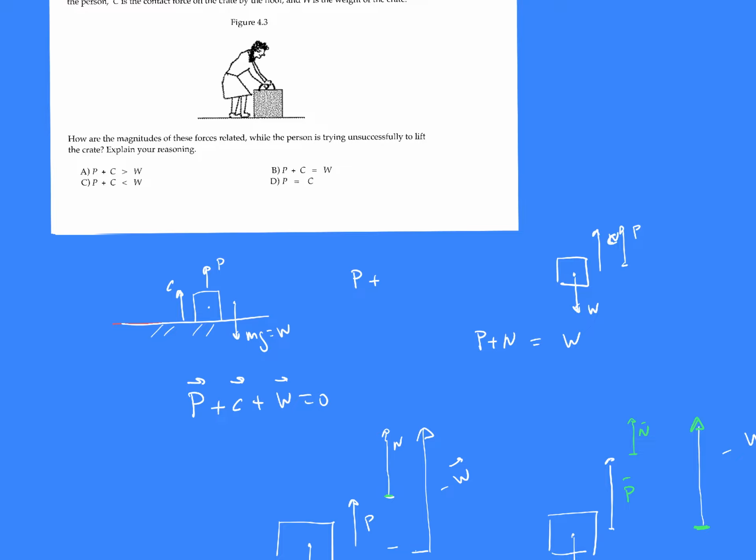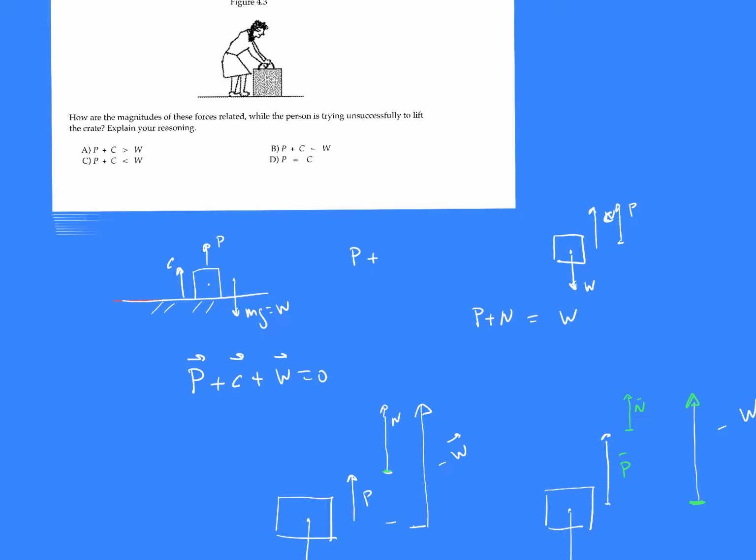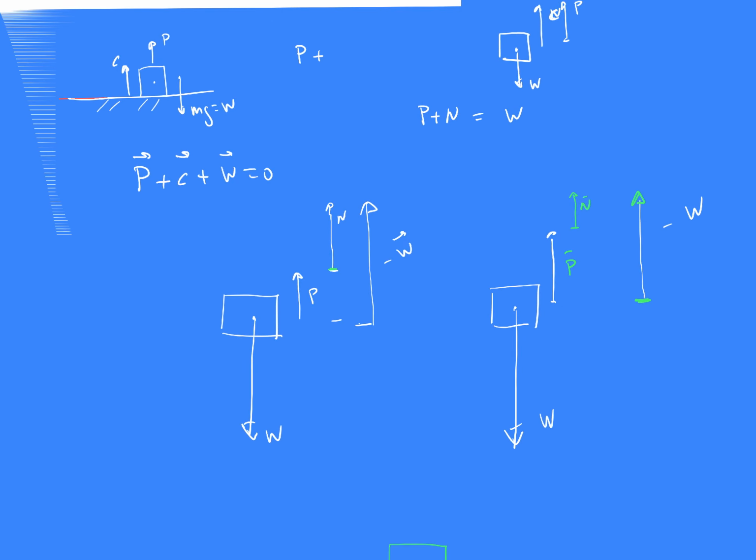Now, in magnitude, I have omega going downwards, the weight. So the sum has to be 0. Whatever I have downwards, let's say 10 newtons going downwards, I need to have 10 newtons going upward.